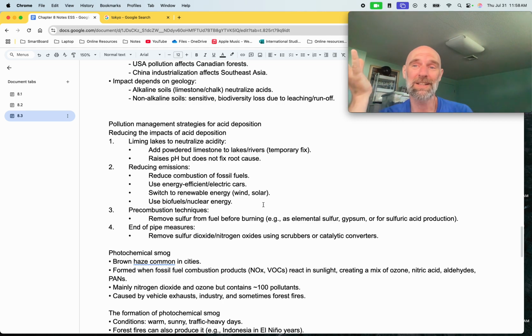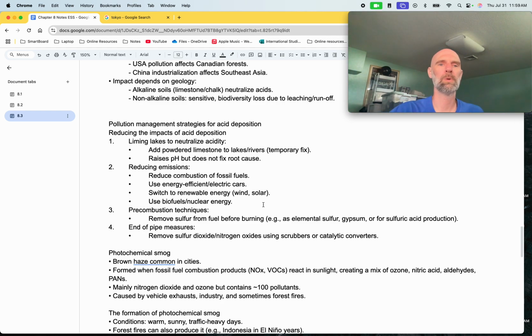This is a temporary fix because you're addressing the symptom, not the problem. This raises the pH but does not fix the root cause. So it's very expensive without a long-term solution.